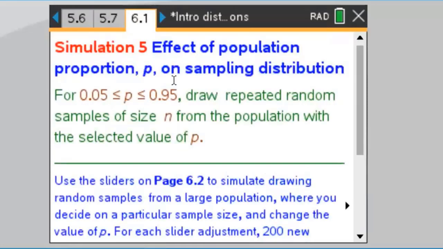Okay, so I think this is the last simulation. So the effect of the population proportion on the sampling distribution. So we've seen the effect of changing the sample size while keeping the population proportion the same. What if the population proportion changes?